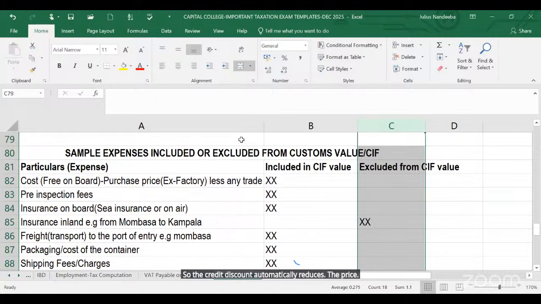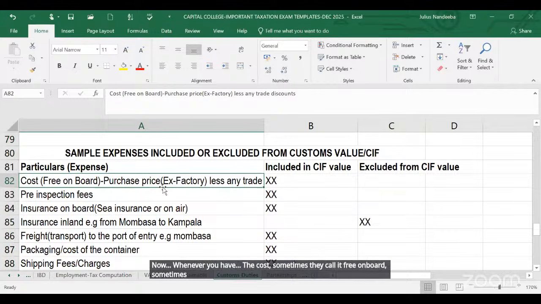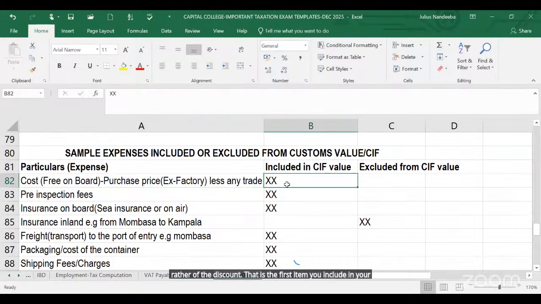Now, whenever you have the cost, sometimes they call it free on board, sometimes the purchase price, sometimes the ex-factory price. If they told you that there was a discount, please knock out that discount first from the ex-factory price. That will be your starting point, meaning the price would be net of the discount. That is the first item you include in your customs value.